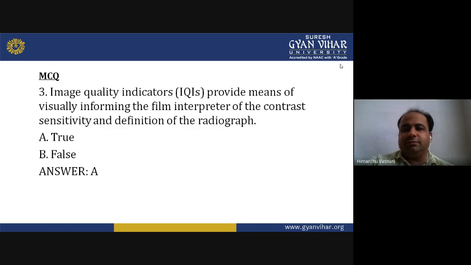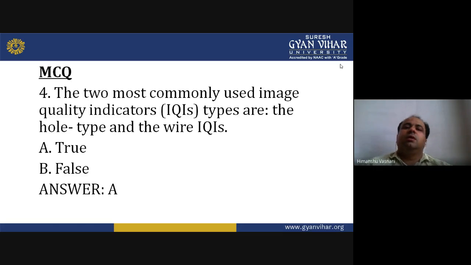Image quality indicators (IQIs) provide a means of visually informing the film interpreters of the contrast sensitivity and definition of the radiograph. True or false? It is true. Fourth question: the most commonly used IQI types are the hole type and the wire IQI.